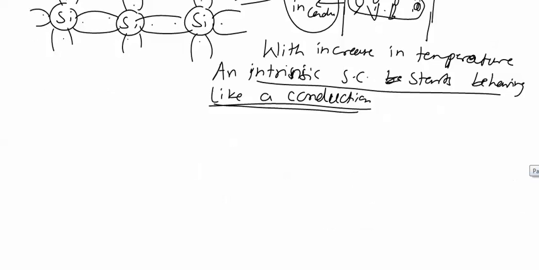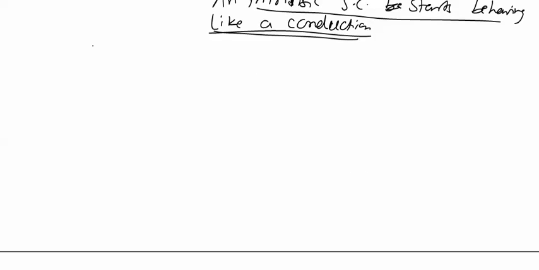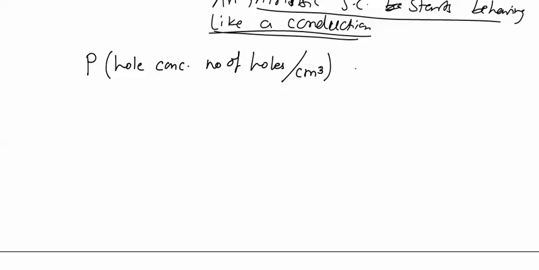So in an intrinsic semiconductor, we can say that P, which is called hole concentration, measured in number of holes per centimeter cube of material, is equal to N, which is called electron concentration, measured in number of electrons per centimeter cube.